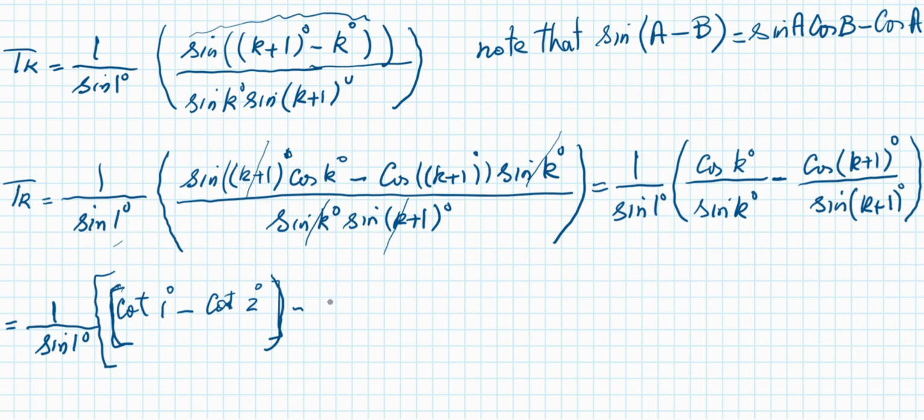Minus the next term would be cotangent of 2 degree minus cotangent of 3.